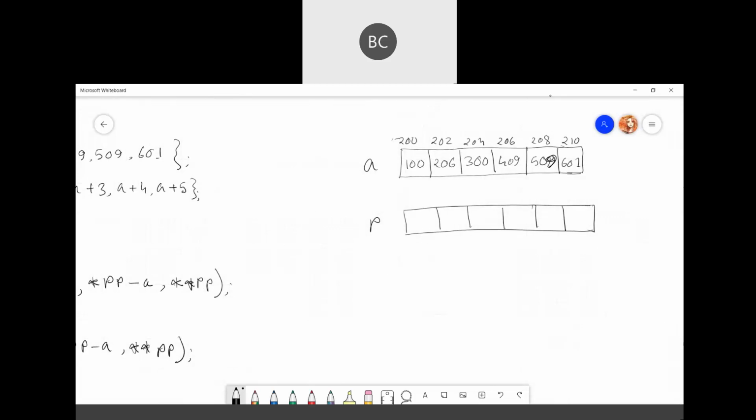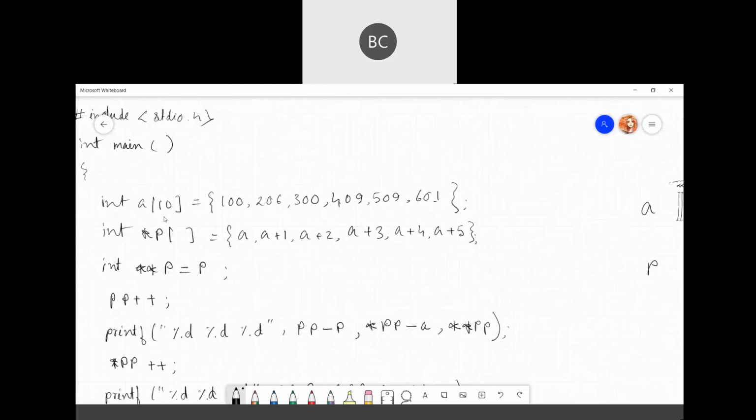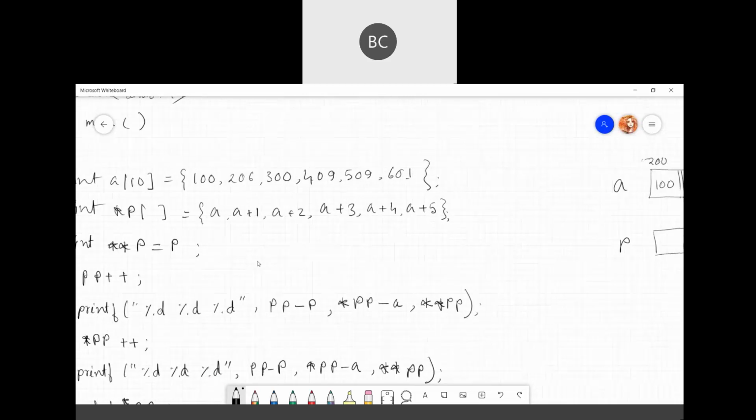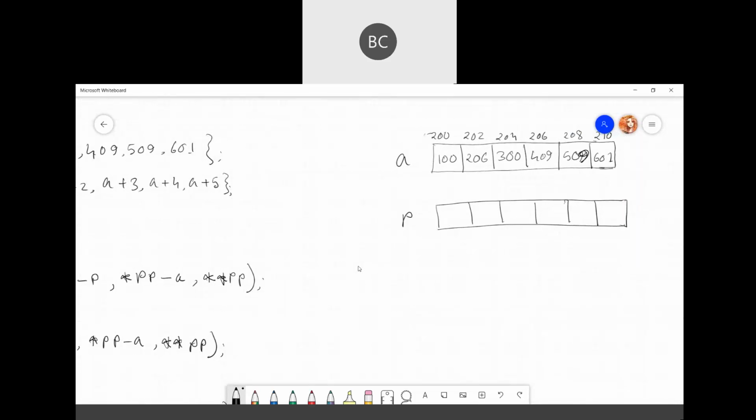Just imagine it will start like this. So now what is the pointer array here? It's a plus 1, a plus 2, and so on. Basically it will store the address of variable a, right? If it holds the address of a, what will it point to? 200, correct?